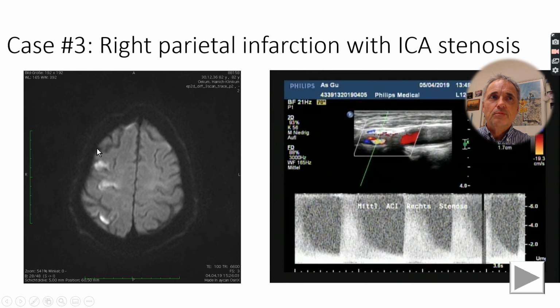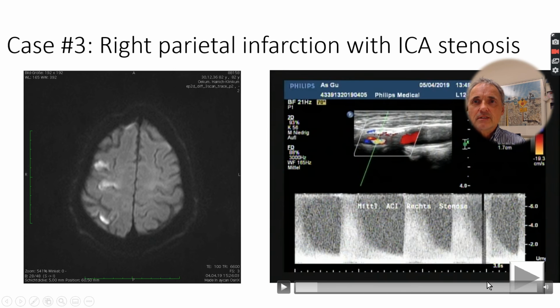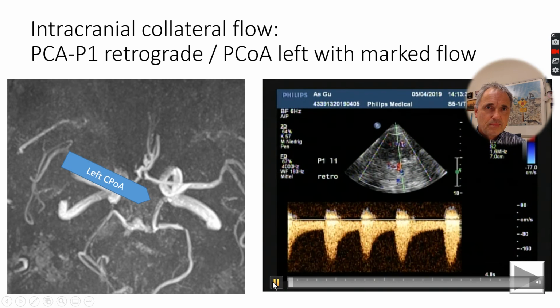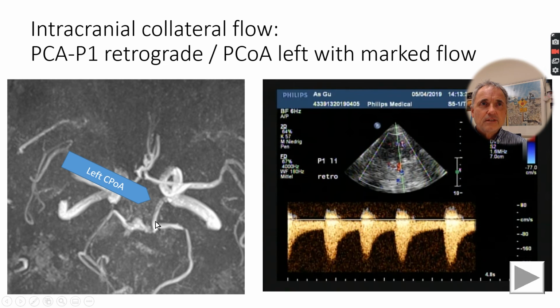This is case number 3, presented with a high-grade internal carotid artery stenosis on the right side and the corresponding border zone infarctions. This is not very uncommon and not so interesting. What is interesting in this case was that the patient had a very prominent left posterior communicating artery.